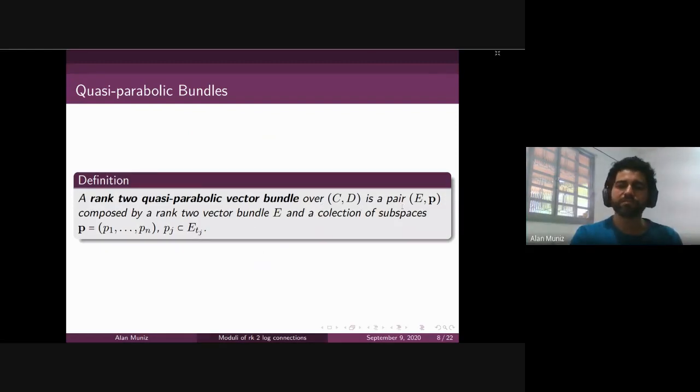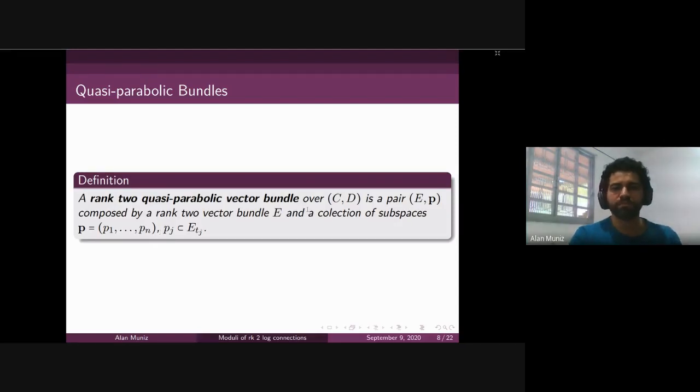This is a simplification to the case that E has rank 2, but it comes from a very general theory, in which for each point of the divisor we put a flag of subspaces on the fiber of the vector bundle.